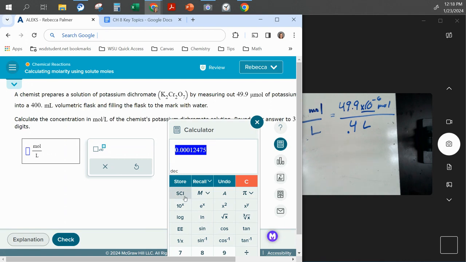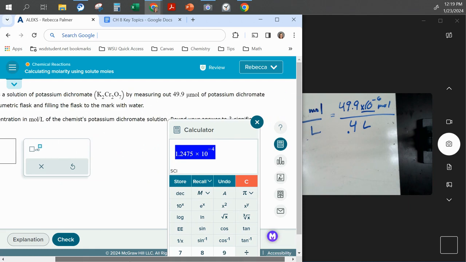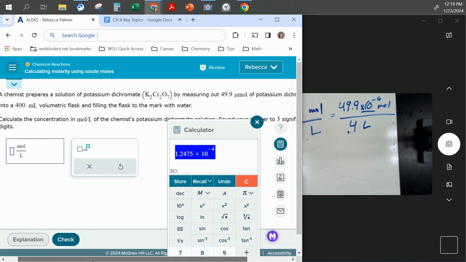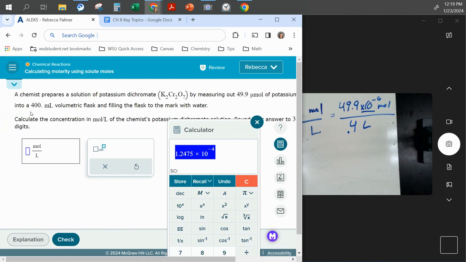So on my Alex calculator, I'm going to push this scientific button, and it will automatically put it in scientific notation for me. You can also figure that out on your personal calculator if you use that. Okay, this one has 3 sig figs. This one has 3 sig figs. So my answer needs 3 sig figs. I'm just going to copy paste my number. And then let's get 3 sig figs. We've got 1, 2, 4, so this needs to round up to 1, 2, 5. Oh, there's a 5 there. Perfect.